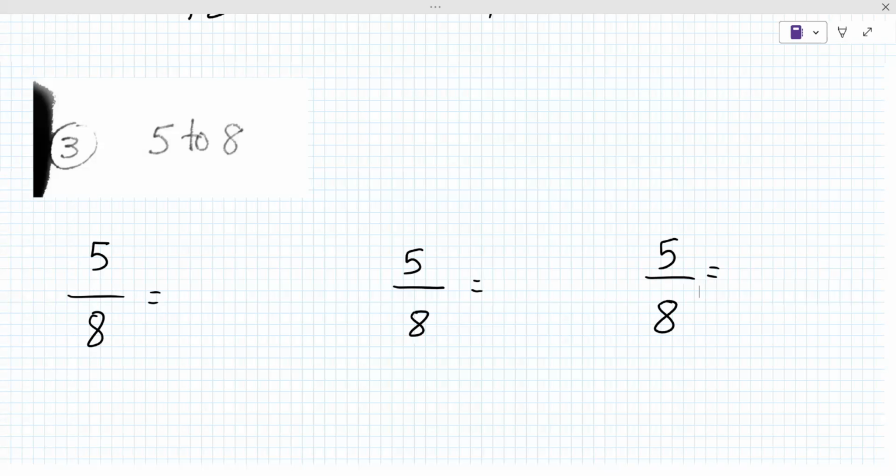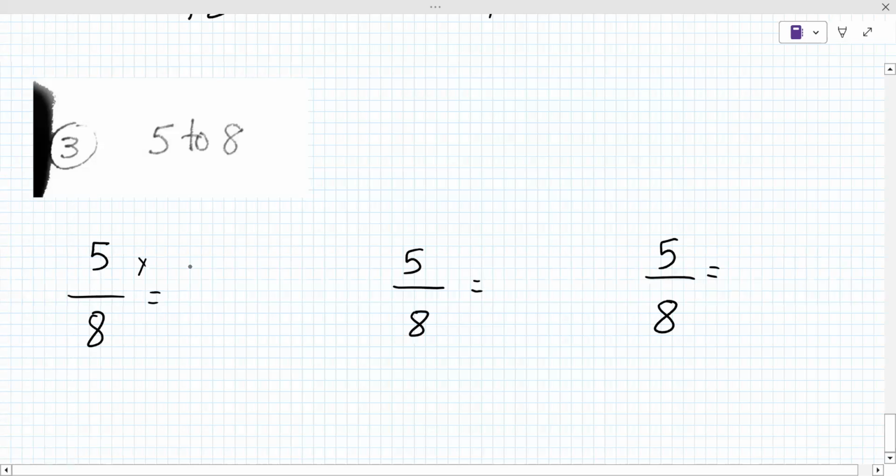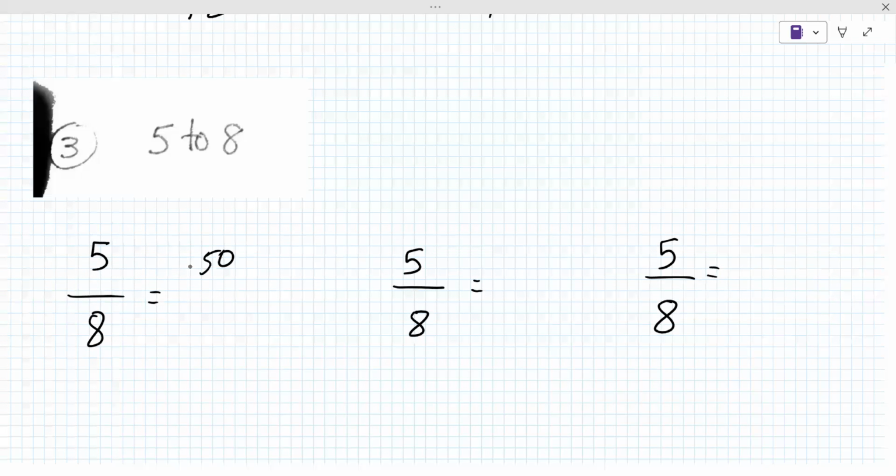Okay. So I did times 10, times 2, and times 3. Okay. What's the first one? I got 50 over 80, good, 10 over 16, good, and 15 over 24.